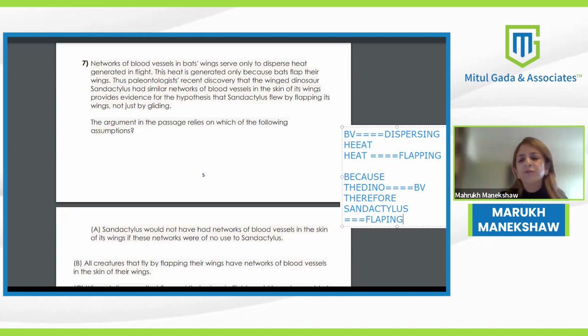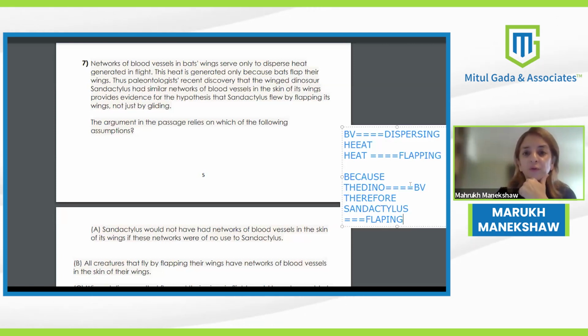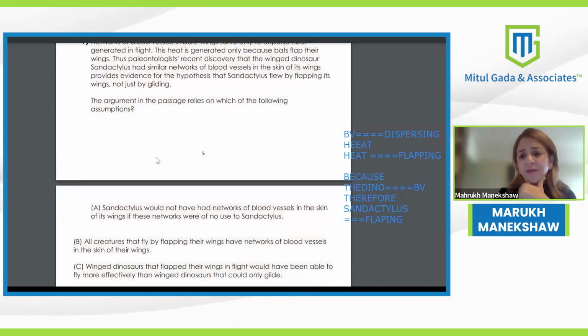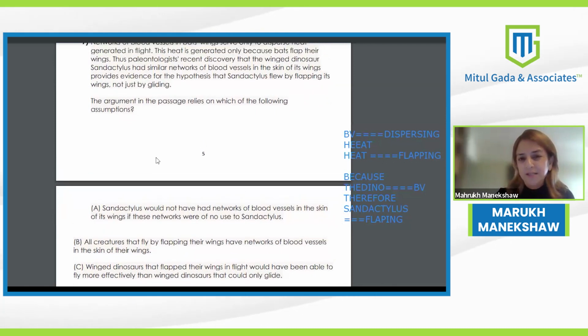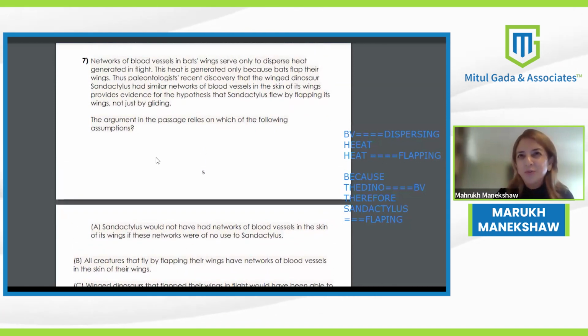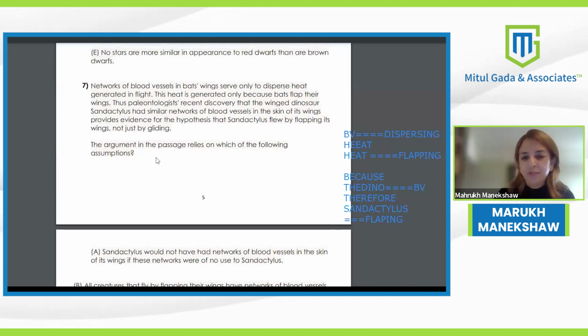Okay, not important. Flew by flapping should be sufficient for us. The argument in the passage relies on which of the following assumptions? Okay, let's see the answers one by one. But before that, as we have been telling you always, try and predict an answer. Okay, so let's do that. Let's come up with the assumptions.